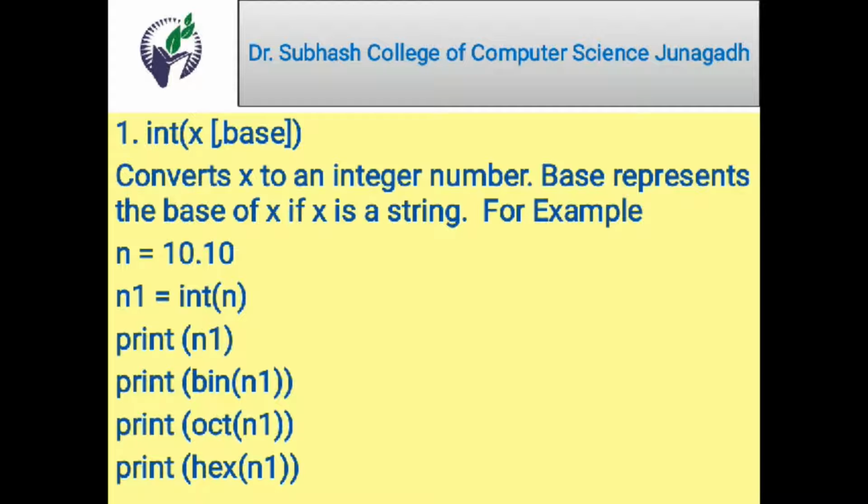In hexadecimal, we use A. To represent 11, we use B, then C, D, E, F, up to 15. So the output here should be 10, that is integer, the equivalent binary, that is 1010, 12, that is octal, and A, that is hexadecimal. Let's check the output.